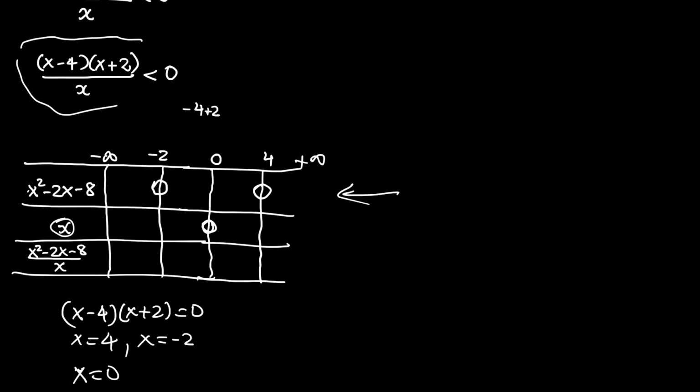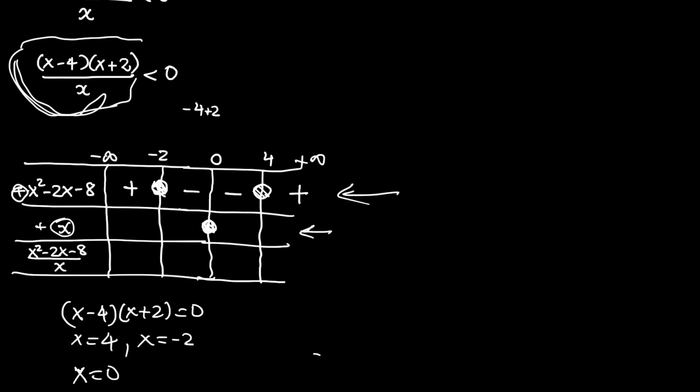What is the sign of x squared? It's positive, right? So I put positive, and I start coming. I meet a 0, and when I meet a 0, I flip the sign: minus. I meet another 0 here, I flip the sign: plus.